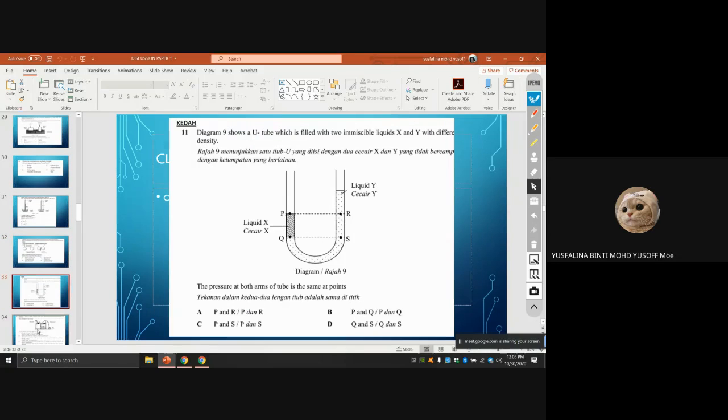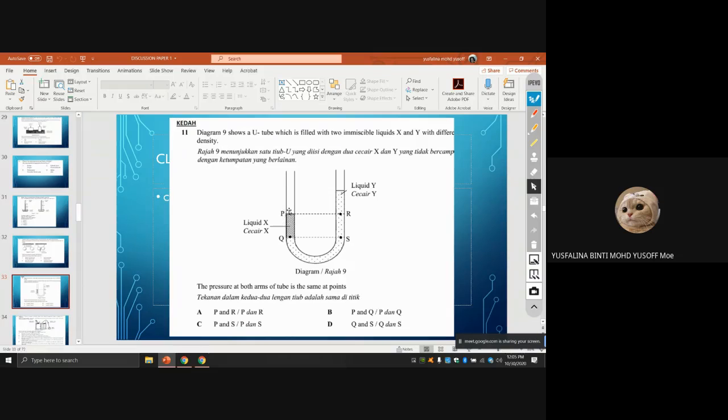Alright, next one. It says here diagram 9 shows a U tube which is filled with two immiscible liquids X and Y with different density. So the pressure at both arms of the tube is the same at points Q and S. Why not P and R?